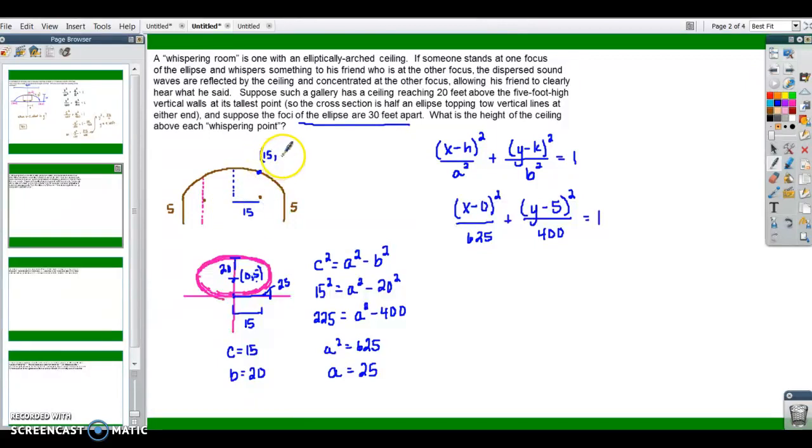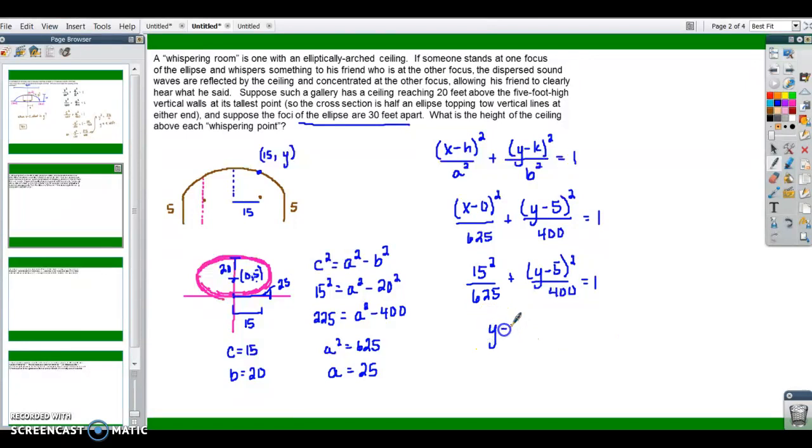So I know the x-coordinate is 15, and I'm trying to find the y-coordinate. Okay, so I've got (15 minus 0) squared, 15 squared, over 625 plus (y minus 5) squared over 400 is equal to 1. And from here on in, it's really just algebra.